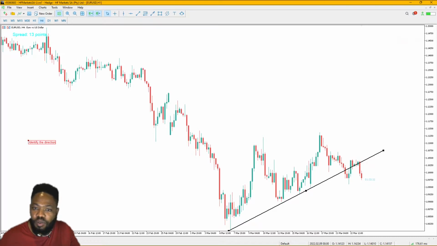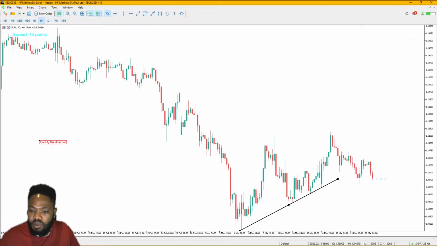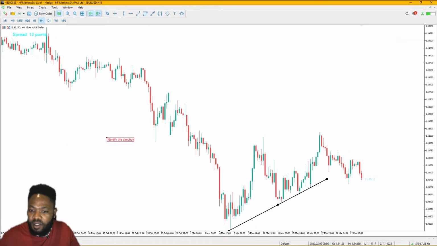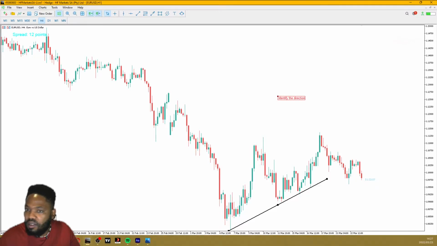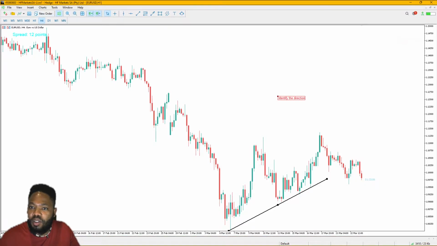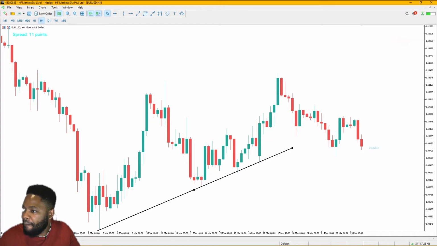Then from there, you need to draw your key levels. So there's an uptrend, but to which extent? Because we don't want to be looking at an uptrend for too long. This has been a couple of days, so for a 4-hour chart, this might be last week or something. So we're not going to be doing that. Let's move in a bit closer. The front trend is an uptrend, it's going to break.